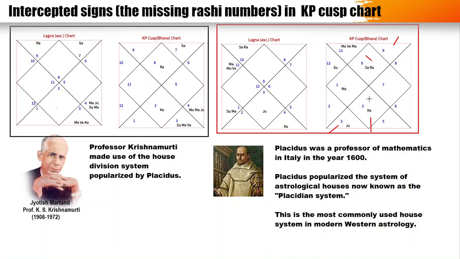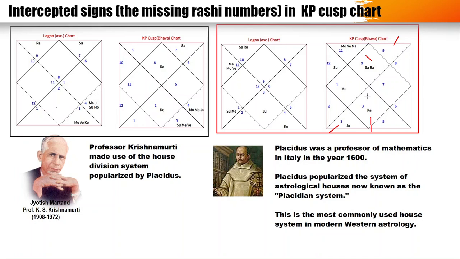Intercepted sign means one sign that has been intercepted and has vanished from the Bhav chart. And when one particular sign is missing, then 180 degrees apart, you will find another set of similar intercepted signs.